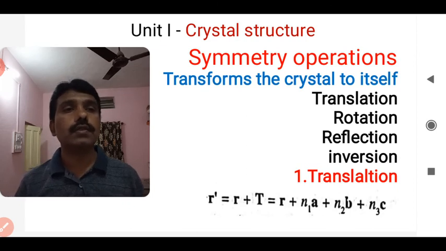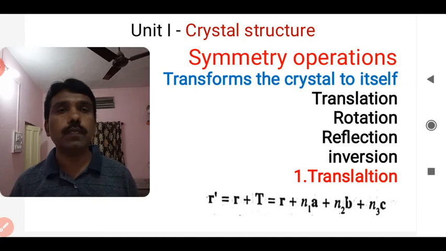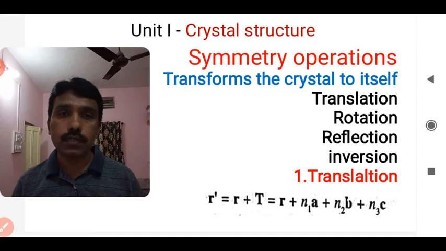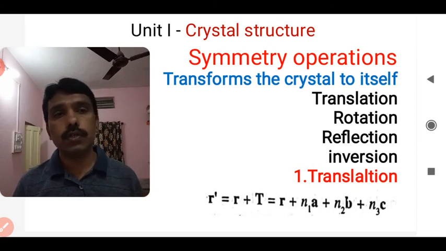As for the first symmetry operation, the translation, we already discussed in detail what translation means, how the translation vector works, and what types of translation vectors there are. In the same way, translation comes as a symmetry operation.